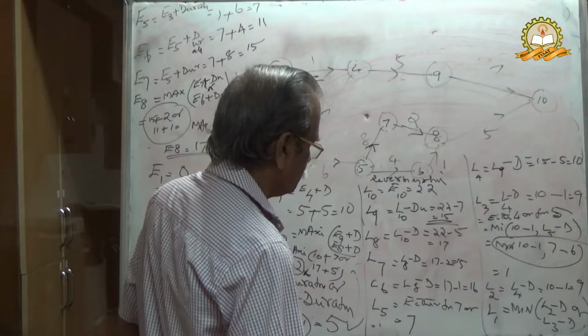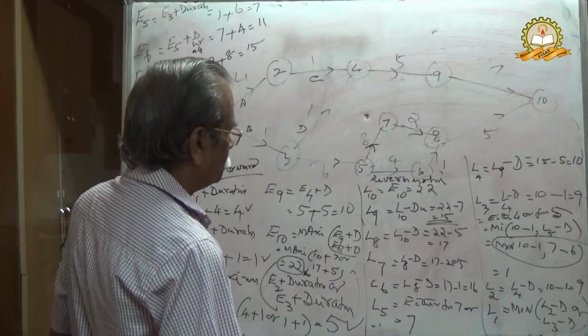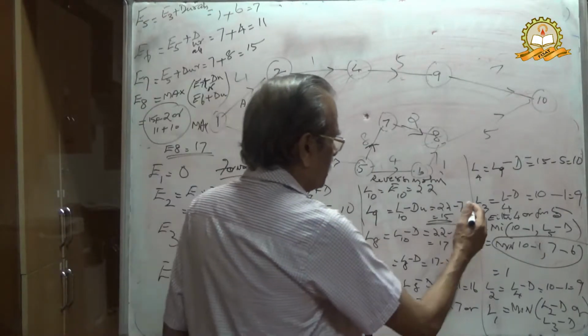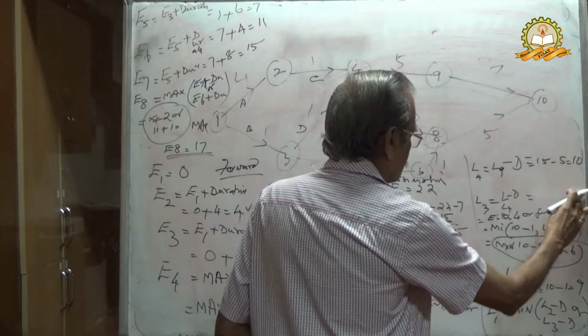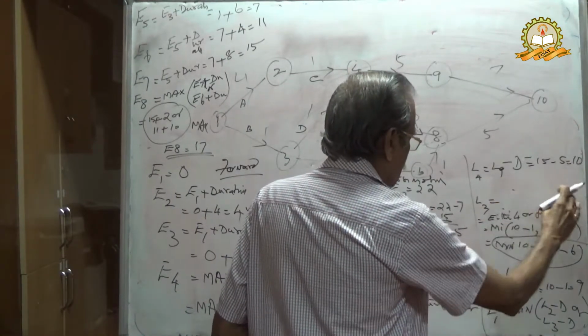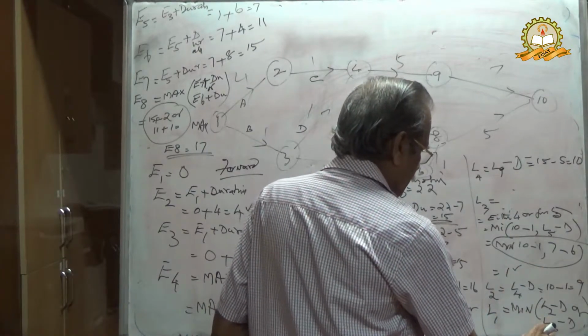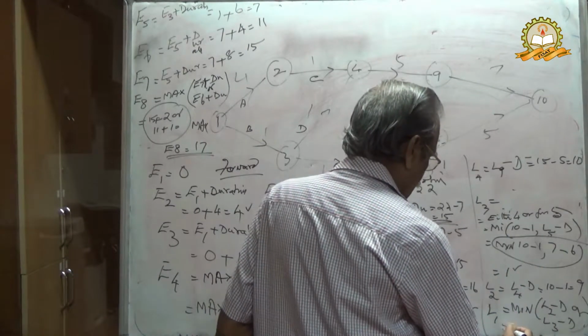L3 equal to 1, therefore L3 minus 1 equals 0.